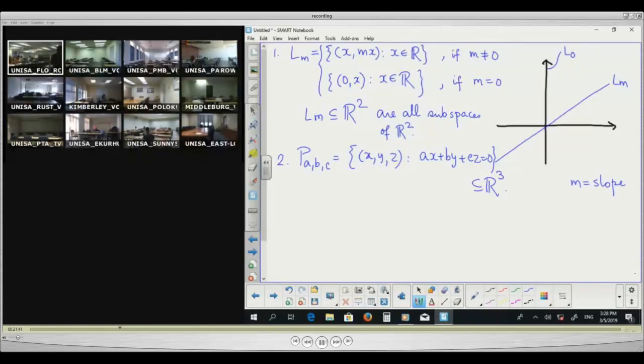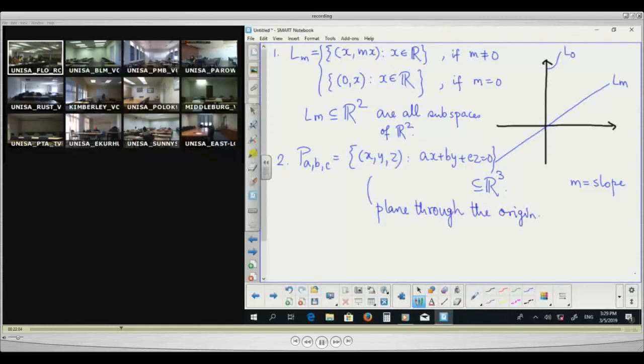So for each a, b, c, they are called the direction cosines and so on, if you saw in coordinate geometry, right?